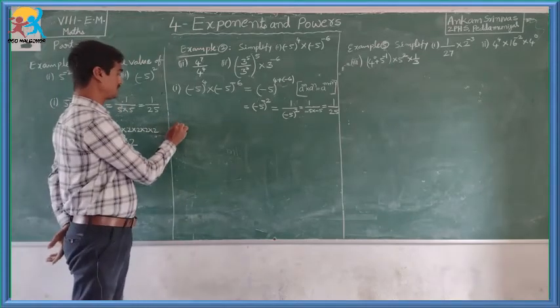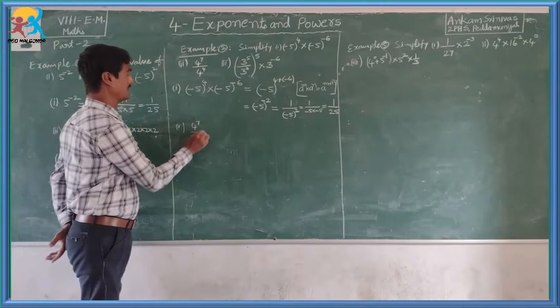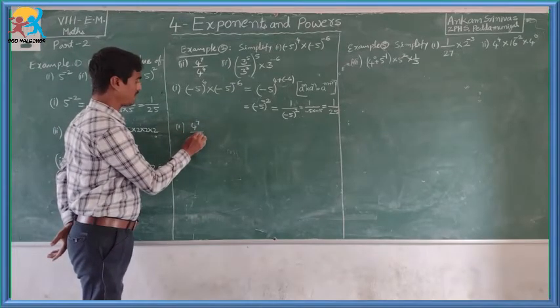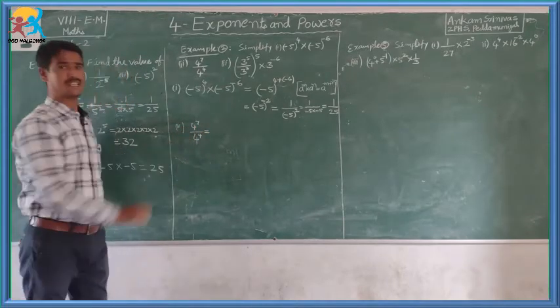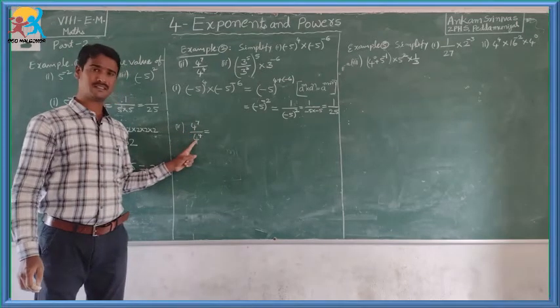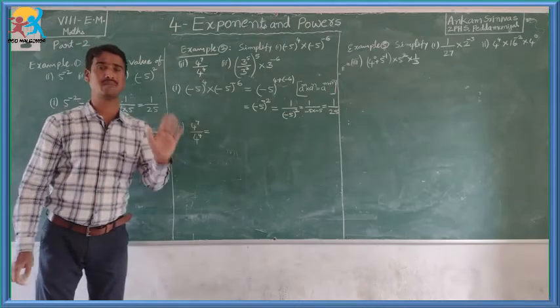Next problem, 4 power 7 by 4 power 4. Here the bases are equal. When two powers with the same base are divided, the exponents should be subtracted.